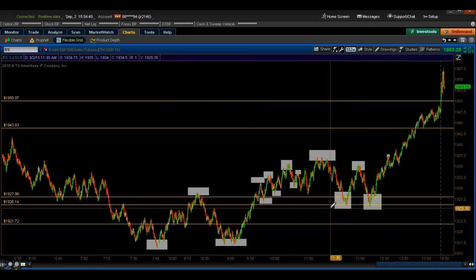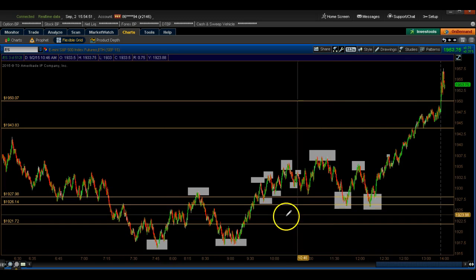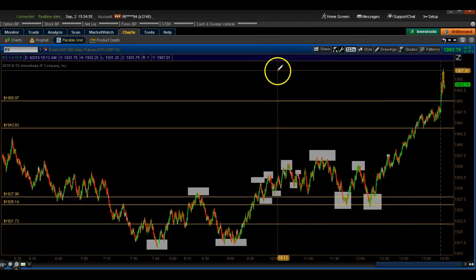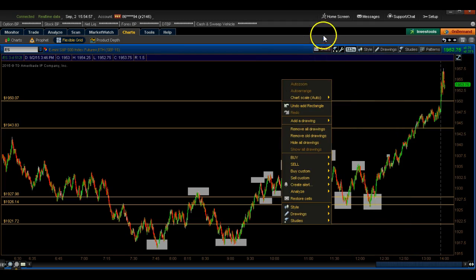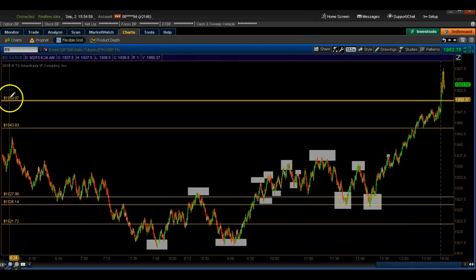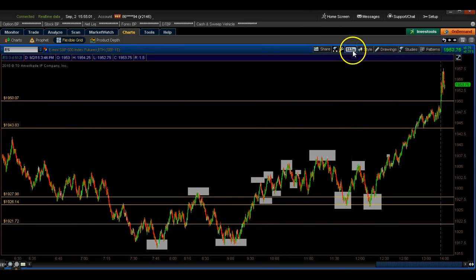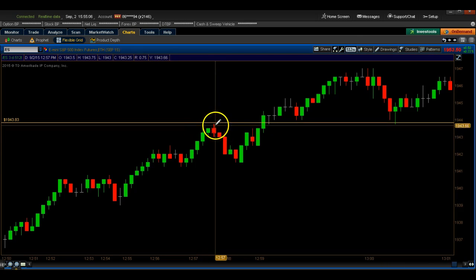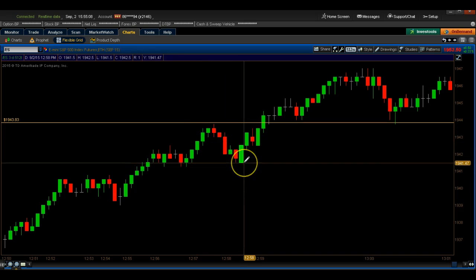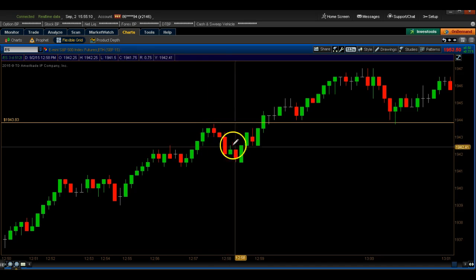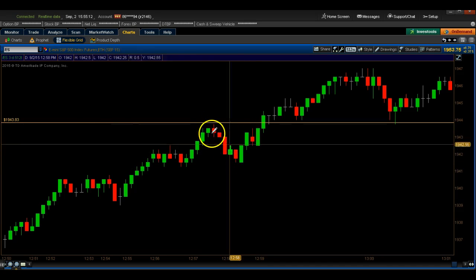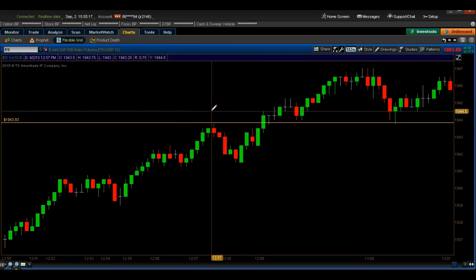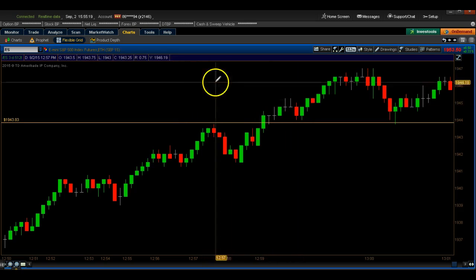And these are lines that I drew from a couple days ago, that you were watching me as we were making lower highs and lower lows. So with that being said, even this one, this 1950, right? It's the very first time it got touched, and look at what happened. We went right to it and then pulled back, and you could have picked up about 9 points on this, okay? It's about $450. All you had to do was put your order here and maybe give it 1 or 2 points worth of risk.